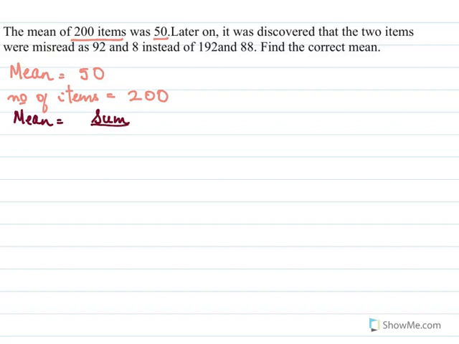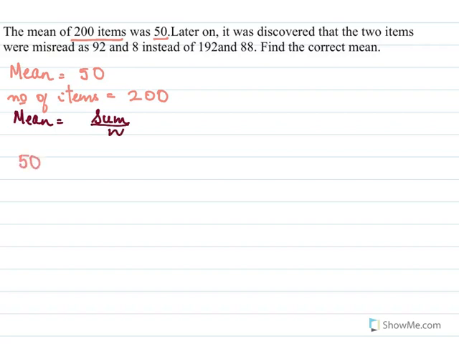The mean of 200 items was 50. So mean 50, number of items equal to 200. So we find the sum. We know mean equal to sum over number of observations.